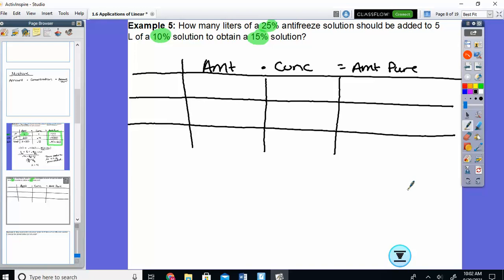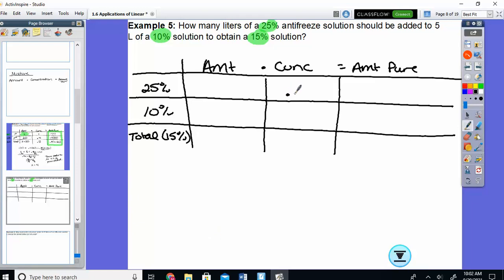That's impossible. If I'm mixing 5 and 10, I can only get 7, 8, or 9, something in between them. So if I just looked at 25, 10, and 15, which one's my total? The 15 has to be my total. So that's a good hint to help you. So we are mixing the 25% and the 10% to get that.